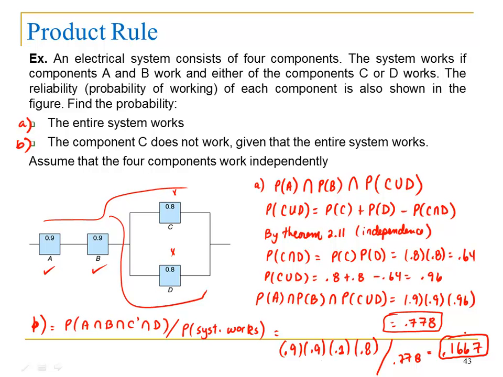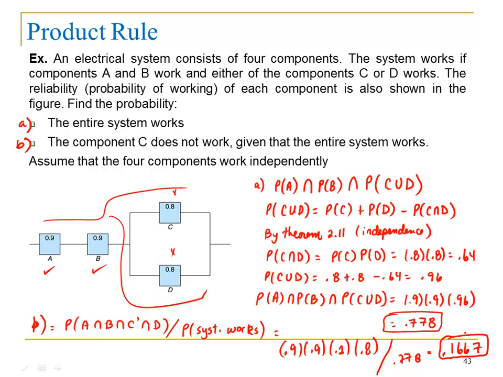We don't know if component B or D is going to be working or not. That's the thing with this conditional probability. So we could just use 0.9 times 0.9 times 0.8, and just assume this is not working. That's what it says in the first part. The first part? Where it says component C does not work.